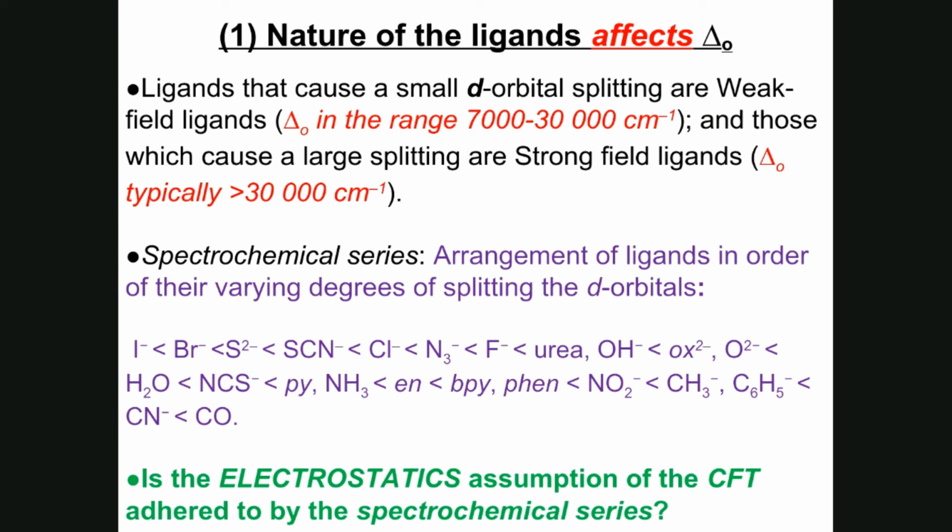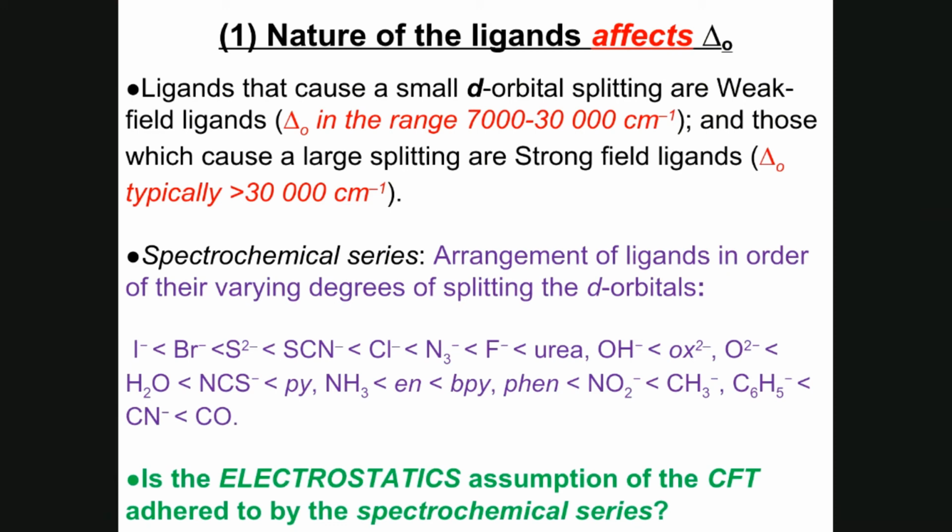So we can arrange the ligands according to their degrees of splitting the d orbitals. And if we are able to do that, we produce something called the spectrochemical series.